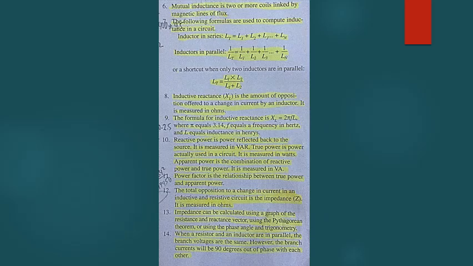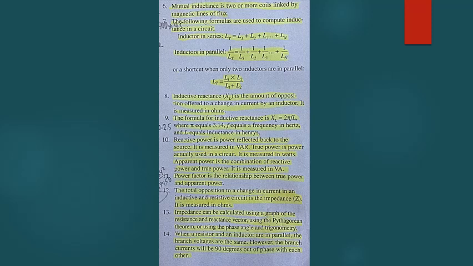Mutual inductance is two or more coils linked by magnetic lines of flux. The following formulas are used to compute inductance in a circuit. For inductors in series, we use the formula L total, or inductance total, equals inductance 1 plus inductance 2 plus inductance 3, and so on.